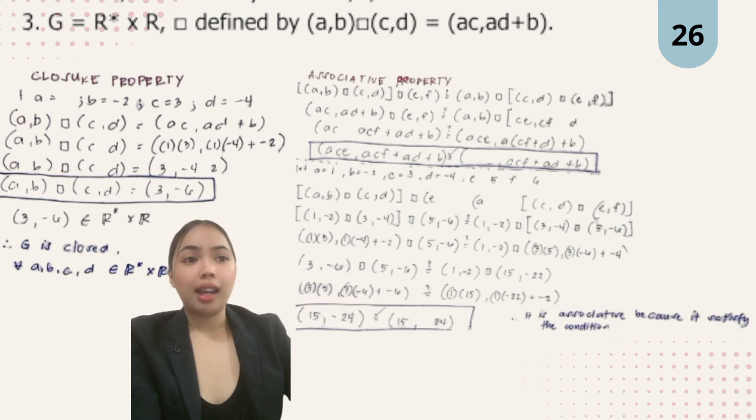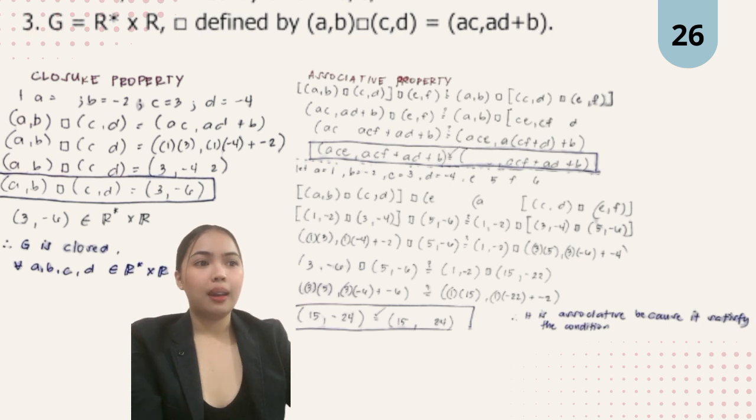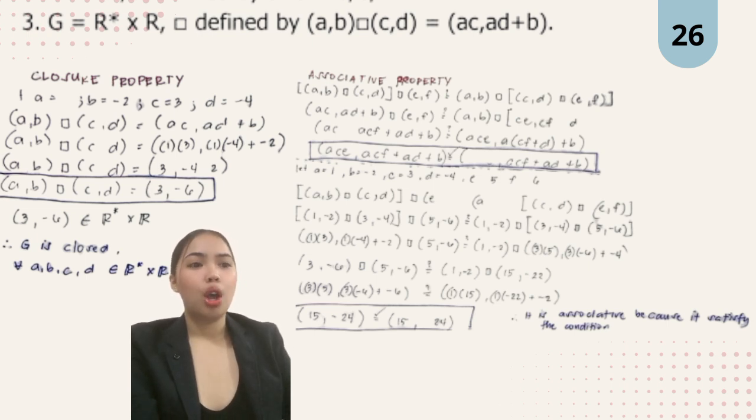So (AC, AD plus B) times (E, F) is equal to (A, B) times (CE, CF plus D). So ACE and ACF plus AD plus B is equal to ACE and ACF plus AD plus B. So it is associative property because they are both equal to each other.